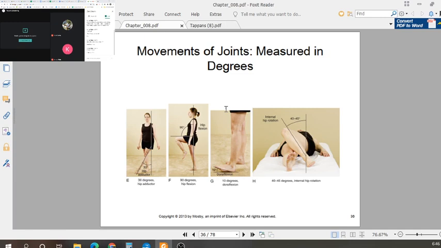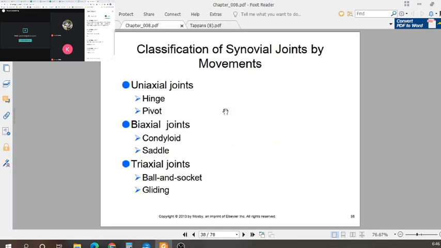Last thing I'm going to cover is on page 250. There's uniaxial, hinge, and pivot joints. Again, hinge lets you do flexion extension. Pivot is rotation around the bone, so that only happens at the head for us.